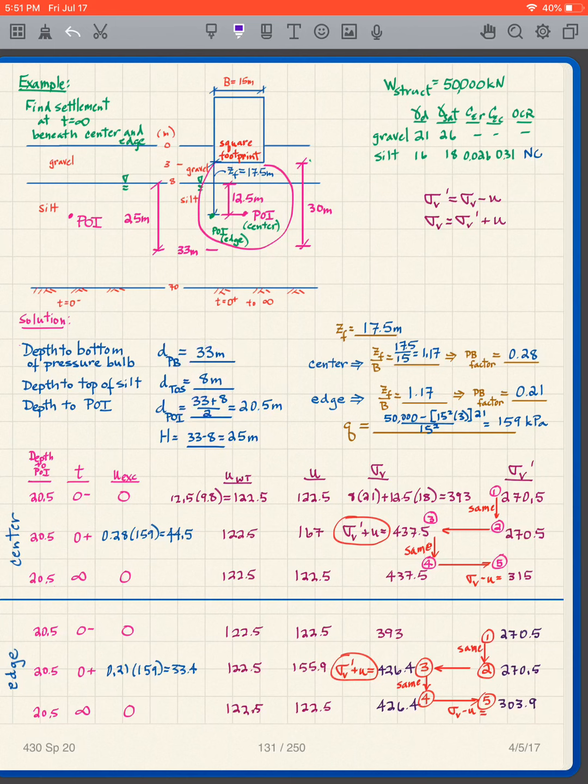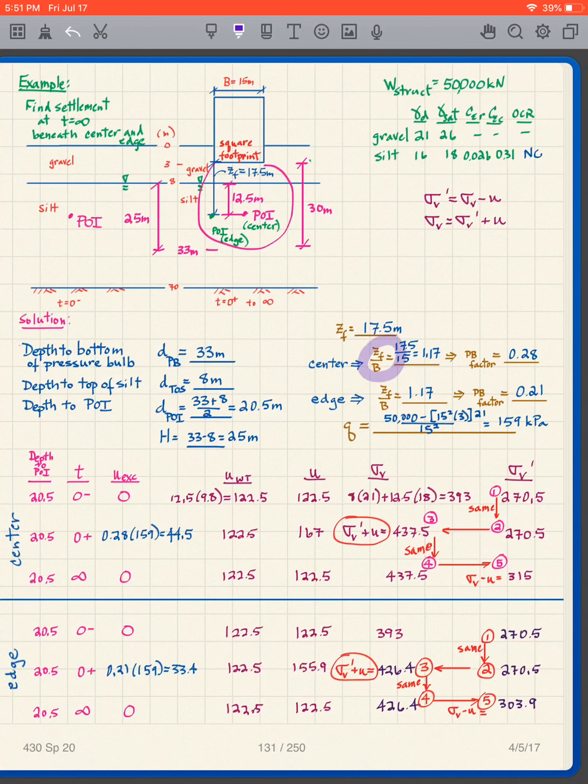So that means my point of interest at 20.5 meters here, that means that my Z sub F is 20.5 minus 3, 17.5 meters. That's the distance from the base of the foundation to the point of interest.